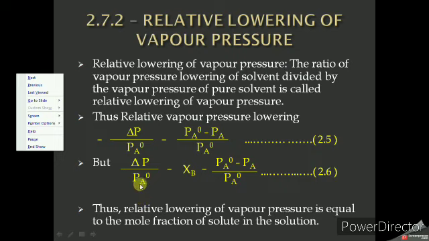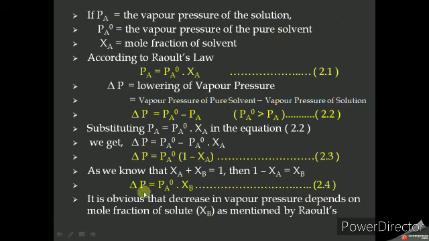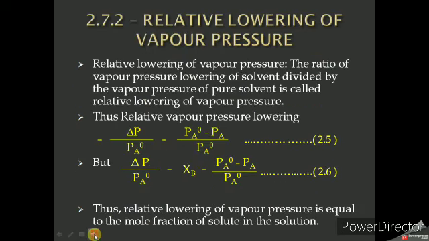And we know the previous equation 2.4. What is 2.4? Here delta P is equal to Pa0 into Xb. So if you transfer this Pa0 to the left side, delta P divided by Pa0 is equal to Xb. So this is the rearrangement of equation 2.4.